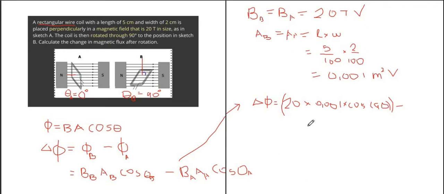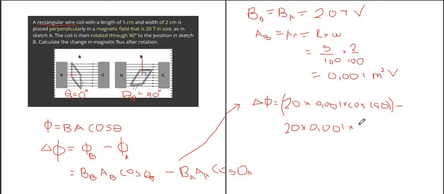Minus 20 multiplied by 0.001, multiplied by cos of, what's the angle between the normal and the magnetic field lines?